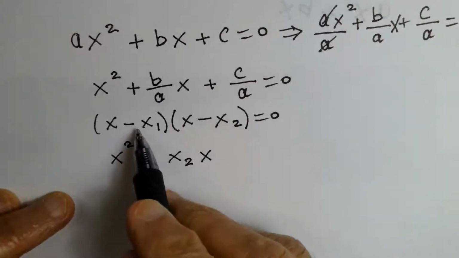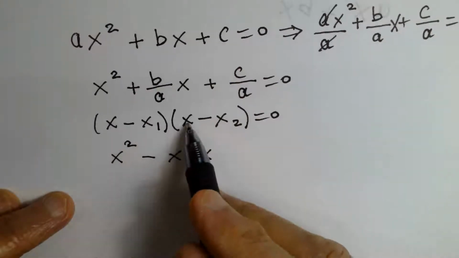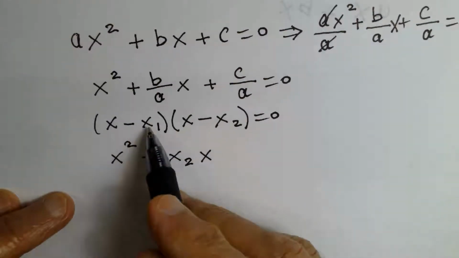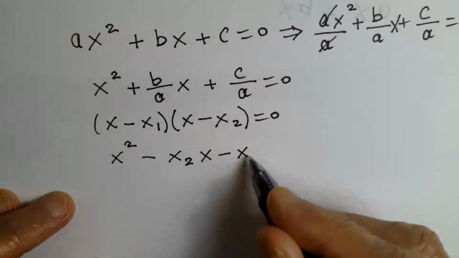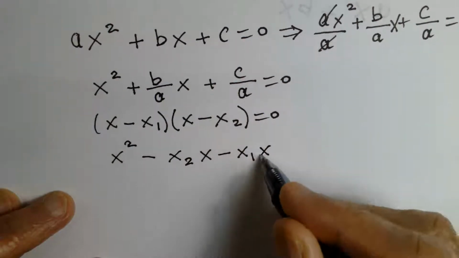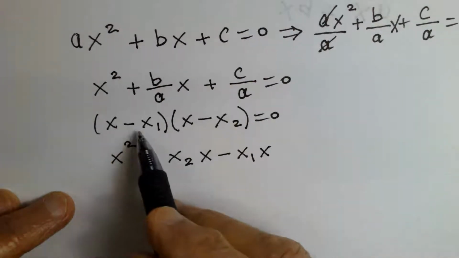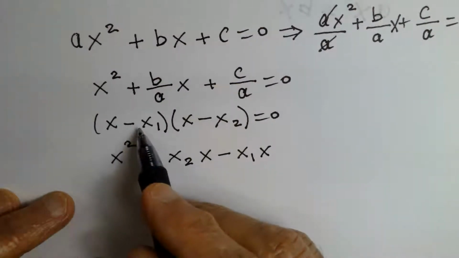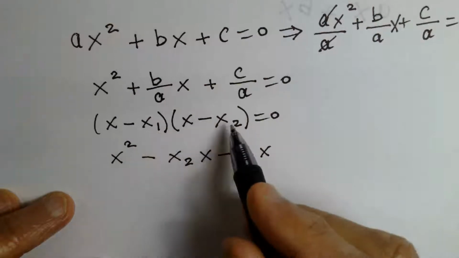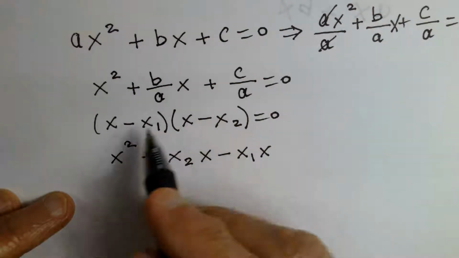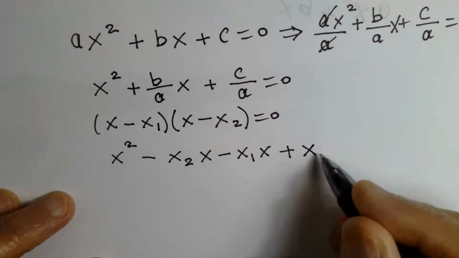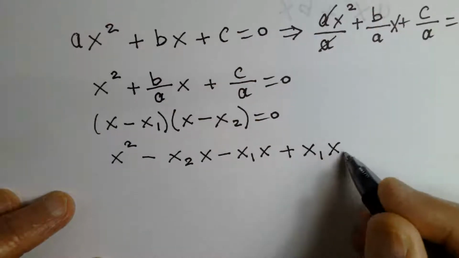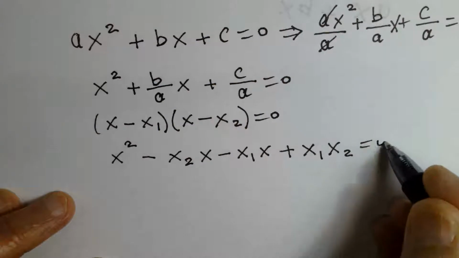Now multiply this x and this x1, so we also have minus x1 into x. Then you have minus x1 multiplied by minus x2. Minus into minus is positive. So we have x1 x2 equal to 0.